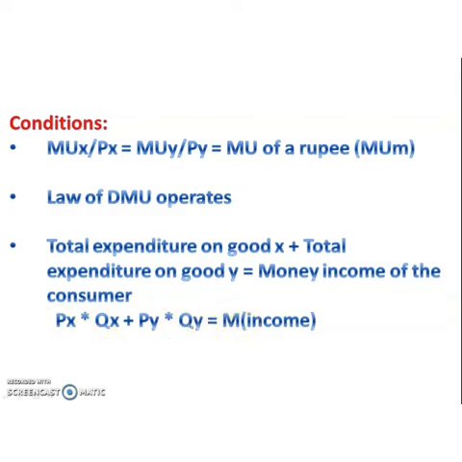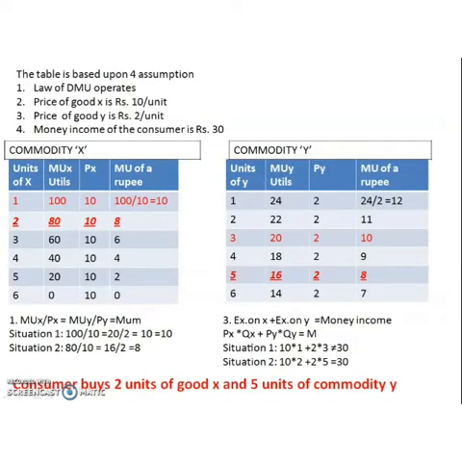So let us explain this with the help of a table. There are two tables based on four assumptions. First, the law of diminishing marginal utility operates. Second, the price of good x is rupees 10 per unit. Third, the price of good y is rupees 2 per unit.